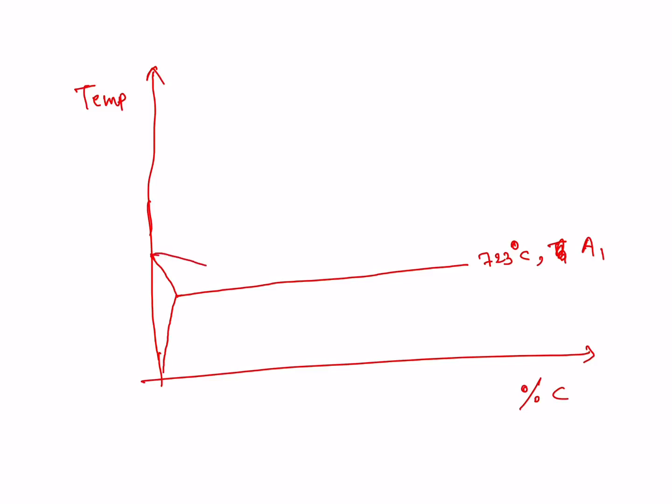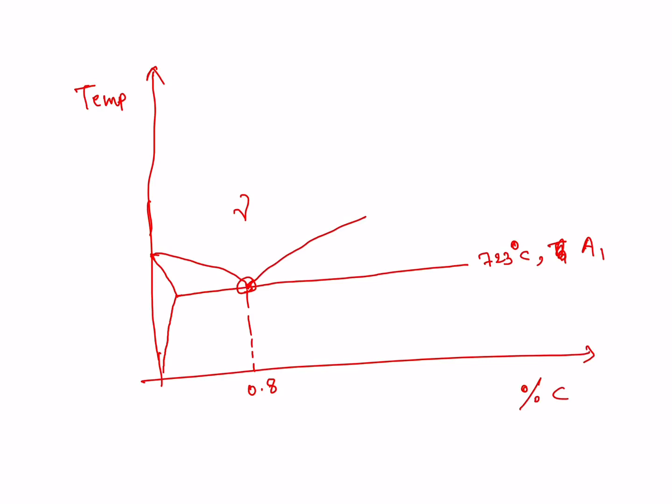Here you will get this point, 0.8% carbon, the eutectoid point at 723 degrees Celsius. Here is the conversion of austenite to alpha ferrite plus Fe3C cementite.